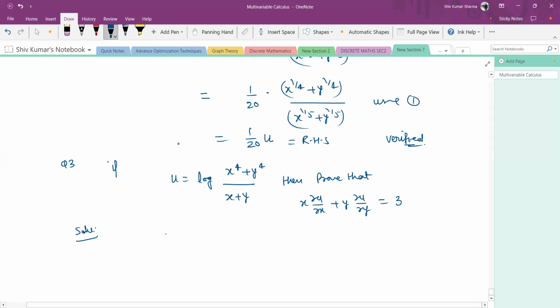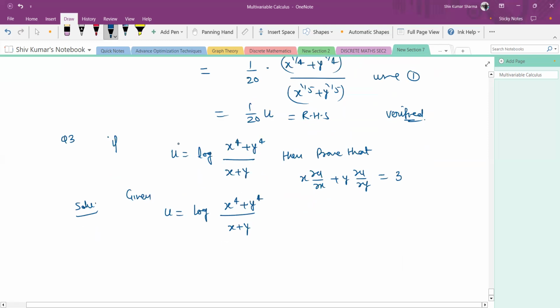So we write down a solution. That means u is given, u is equal to log of x raised to the power 4 plus y raised to the power 4 upon x plus y. Okay, so we cannot calculate the degree of this function directly. So we take the anti-log on the LHS side.